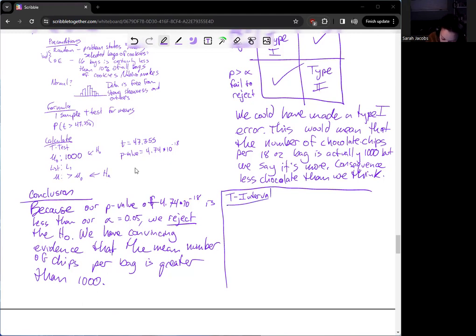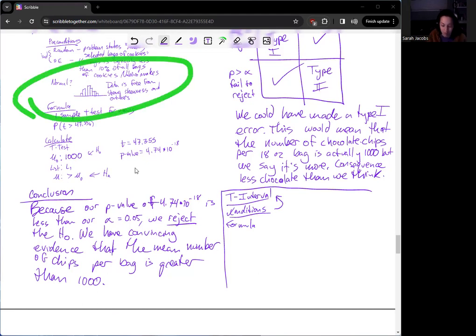And we've checked the conditions already with our hypothesis test. The formula. So if you didn't do a hypothesis test, you need to check the conditions if you're making an interval. I'm just not rechecking them because they're literally those. All of those.